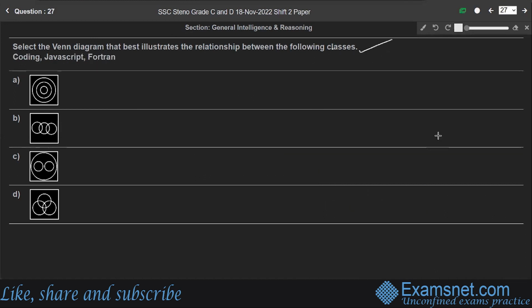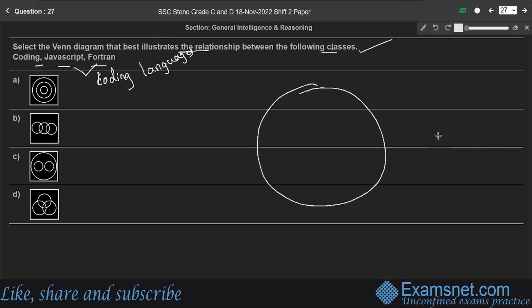Question 27. Select the Venn diagram that best illustrates the relationship between the following classes: coding, JavaScript, and Fortran. Here, JavaScript and Fortran both are coding languages, right? Therefore, these two separate sets are included in the set of coding, right?